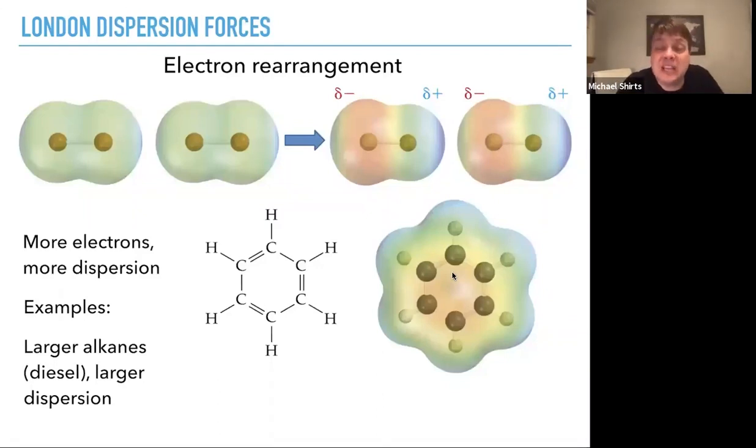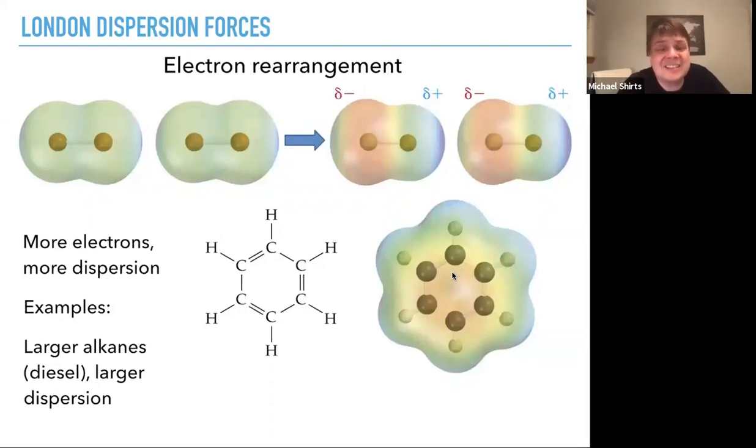So these are called London dispersion forces, or induced dipole interactions. And the key thing here is the more electrons, the more dispersion. If you have something like benzene that has pi electrons, remember it has those p electrons in the pi orbitals that are all sloshing around, so they can move very easily from one side of the molecule to the next. So you've got a lot of interactions there.